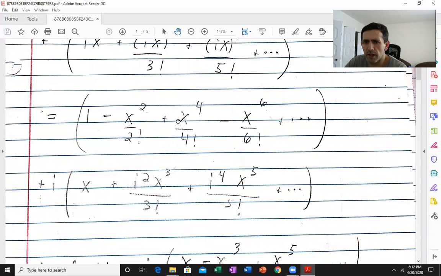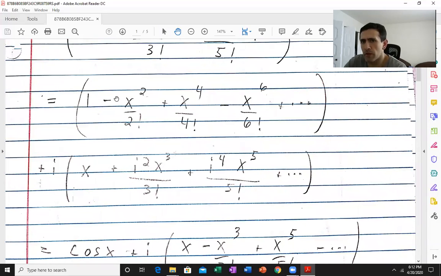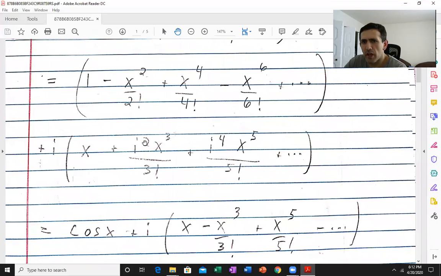And let's see what that is. First of all, you should remember that the even part is cosine x. Then i squared is -1, i to the fourth is +1, and i to the sixth, again, we just had it before, it's -1.